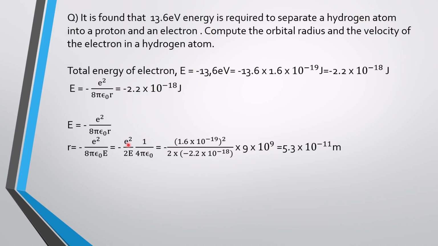Now on substituting the values, e is equal to 1.6 into 10 raised to minus 19. Here we have a square. The value of capital E is minus 2.2 into 10 raised to minus 18. 1 by 4 pi epsilon 0 is 9 into 10 raised to 9. So the answer is 5.3 into 10 raised to minus 11 meter.